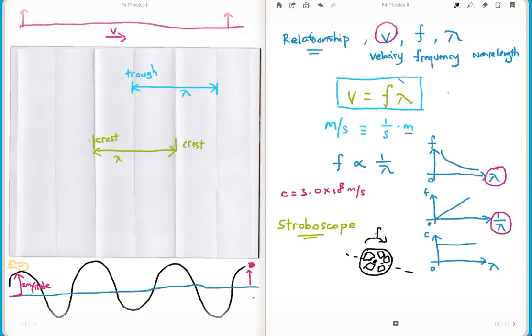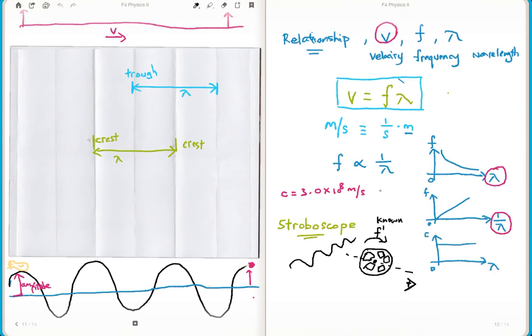You set this frequency, and all you need to do is look through it from your eye at the wave you want to look at, some ripple. You rotate it until, looking through this hole, you see a constant wave like this. Then the known frequency matches the incoming frequency, or what we call the natural frequency, perhaps.